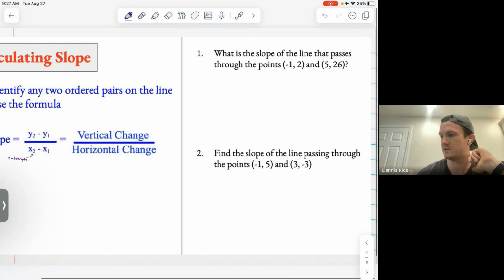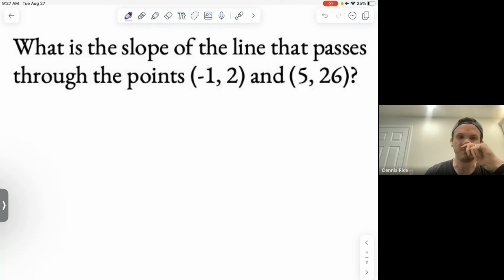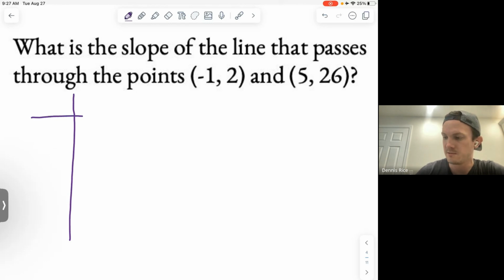Okay, so let's just kind of zoom in on one here. It says, first question, what is the slope of the line that passes through the points -1, 2 and 5, 26? Okay. So what I like to do is, and I'll explain why, because it's going to seem kind of random at first, I like to make a table, an XY table.